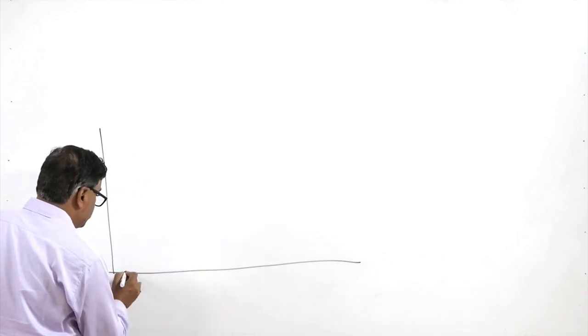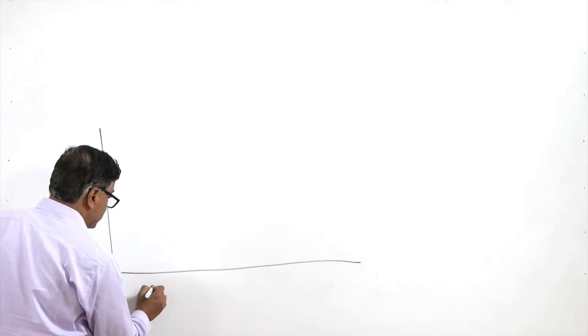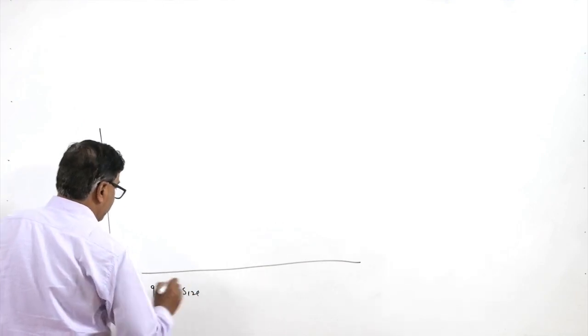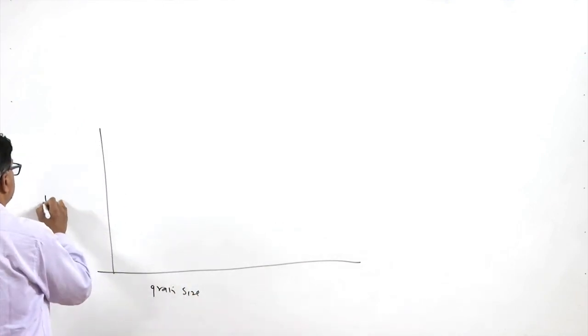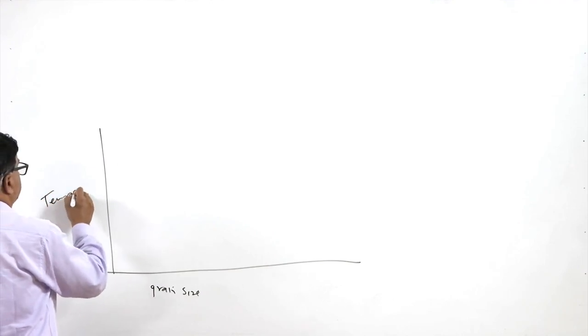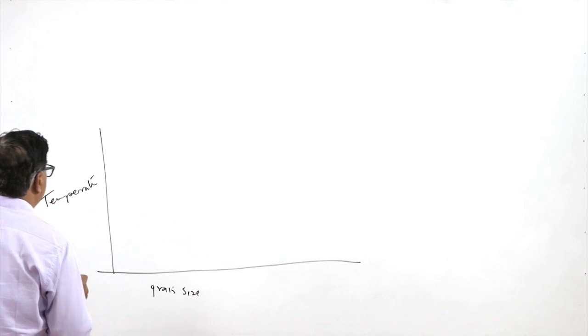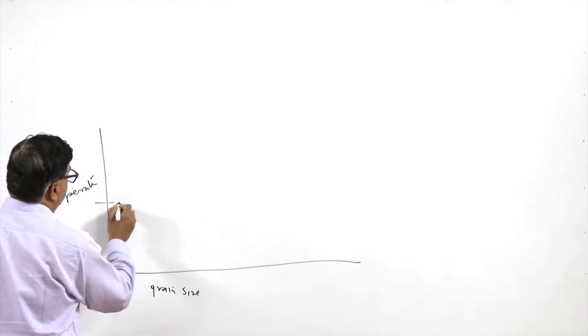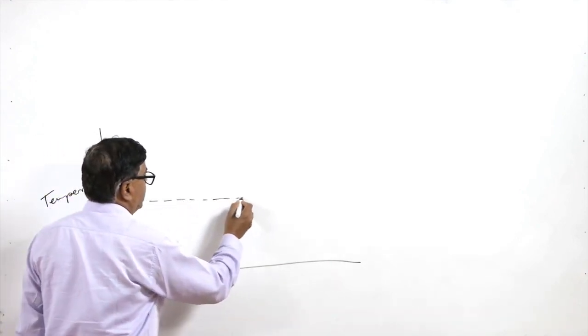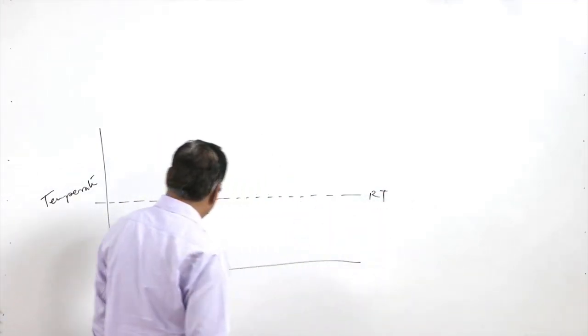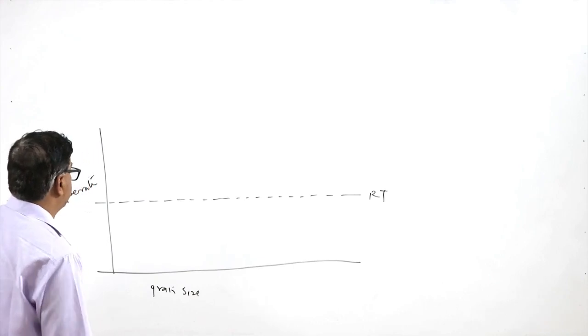This width will be showing the grain size, okay, and here this is the temperature during the heating, what happens to the grain size, and say this is the recrystallization temperature for the metal. This is RT, recrystallization temperature.